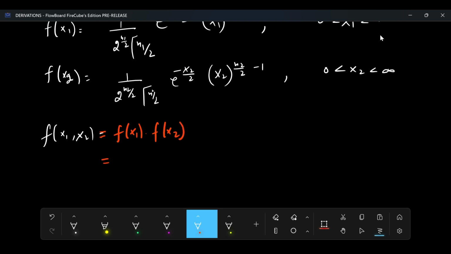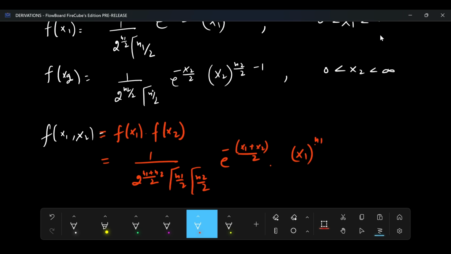Clear? So I can write this as 1 upon 2 to the power n1 plus n2 divided by 2, gamma n1 divided by 2, gamma n2 divided by 2, e raised to the power minus x1 plus x2 divided by 2, into x1 to the power n1 divided by 2 minus 1, x2 to the power n2 divided by 2 minus 1.